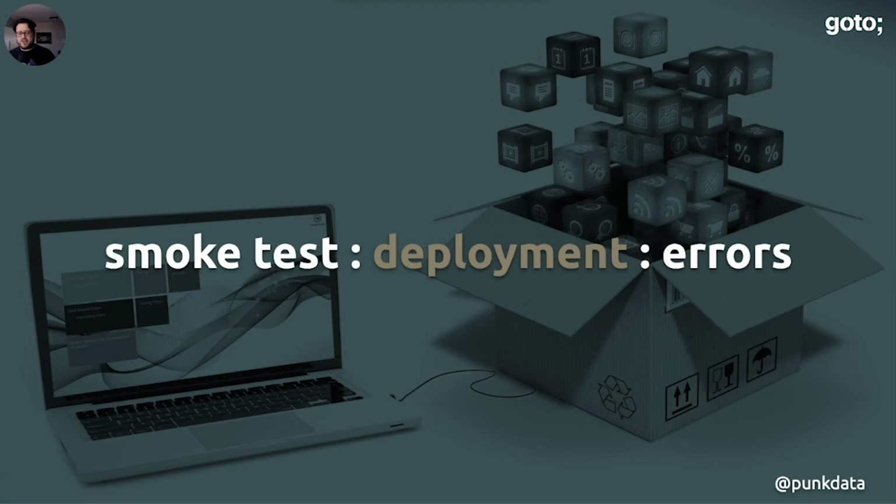Now let's talk about smoke testing deployments. This is in the vein of when you're a developer, you package up your application into a Docker container, and then you hand it off to an operator, or it just goes down the pipeline in automation and gets deployed.